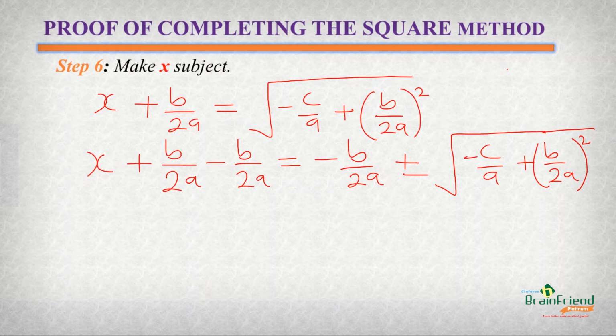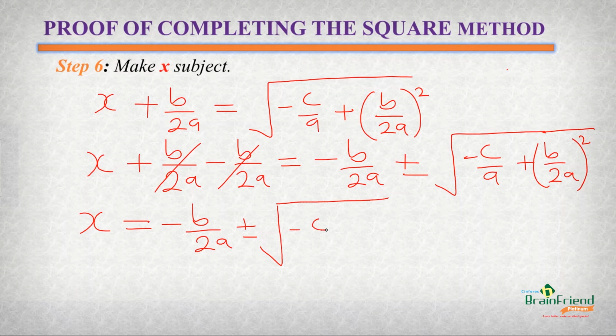So the b over 2a cancels b over 2a. They are all out because a number, when it subtracts itself, will give you 0. So we are now left with x is equal to minus b over 2a plus or minus the square root of minus c over a plus (b over 2a) all squared.